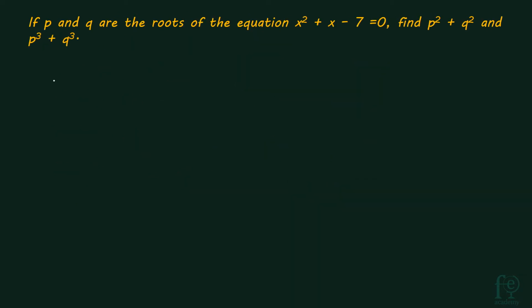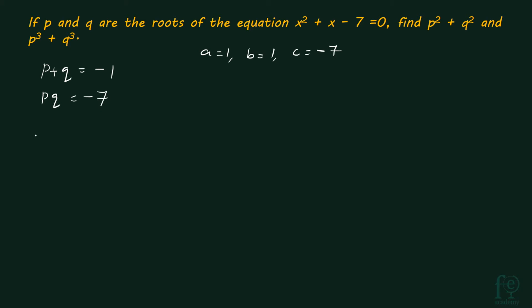Next question, if p and q are the roots of the equation x square plus x minus 7 is equal to 0, find p square plus q square and p cube plus q cube. So p plus q is equal to minus 1. Here a is equal to 1, b is equal to 1 and c is equal to minus 7. So p plus q is equal to minus b by a, which gives us minus 1, and pq is equal to minus 7.